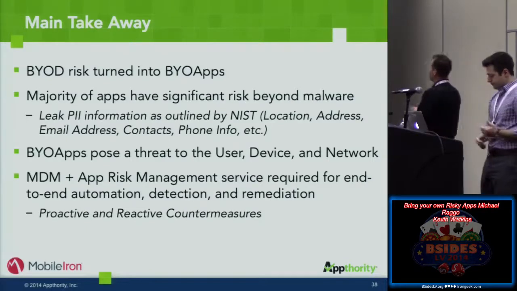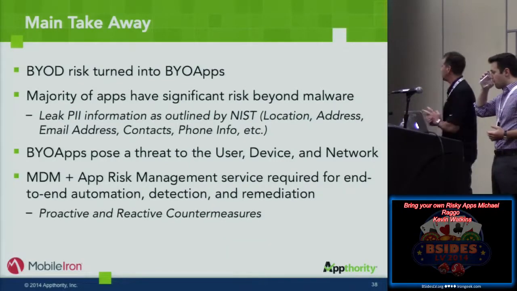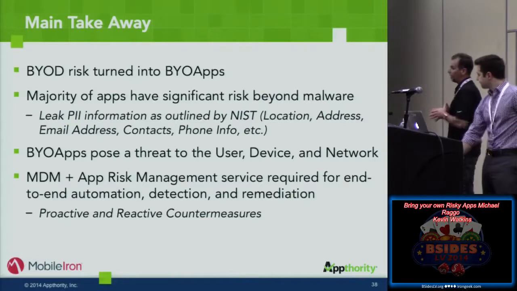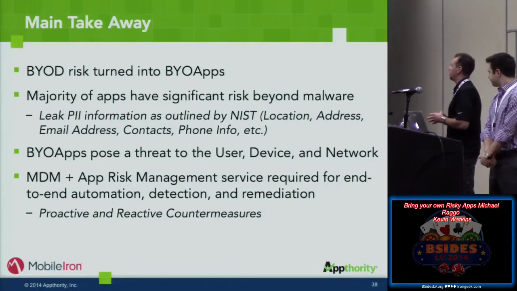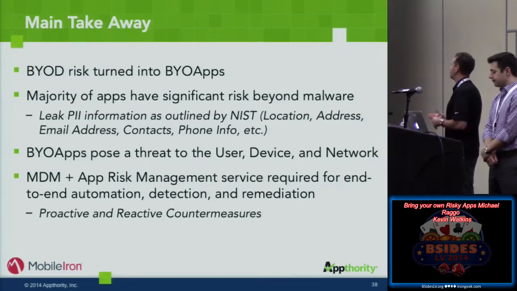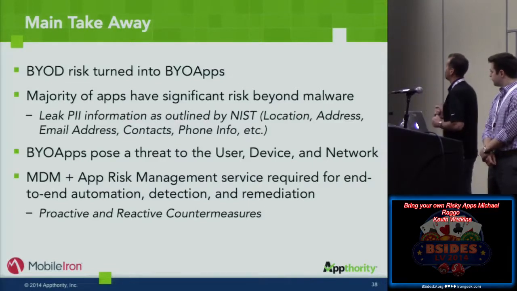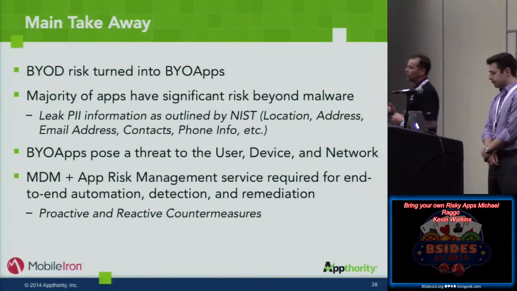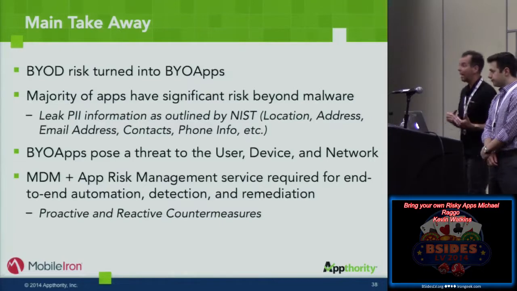Just to add to that, a lot of our enterprise customers, including the government, have a lot of concerns around data leakage or data loss around PII information, and are revising their policies to incorporate that. So when we take a look at all the layers of defense that we provide, both in terms of proactive and reactive countermeasures, it's really about understanding a lot of those threats that stem from apps.